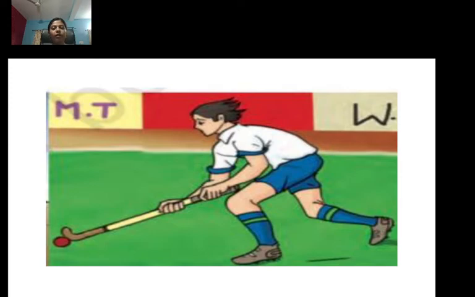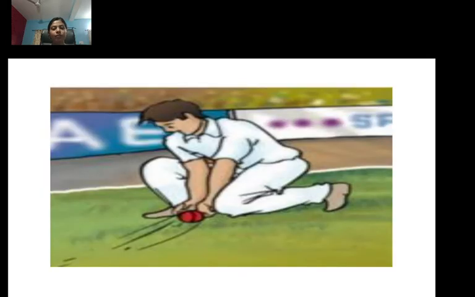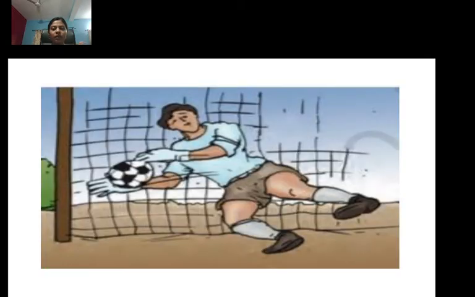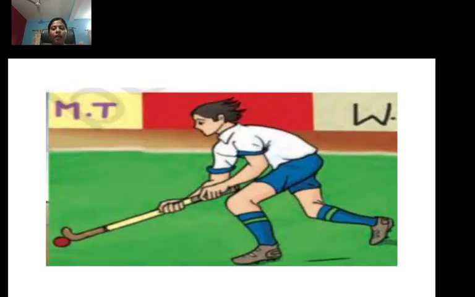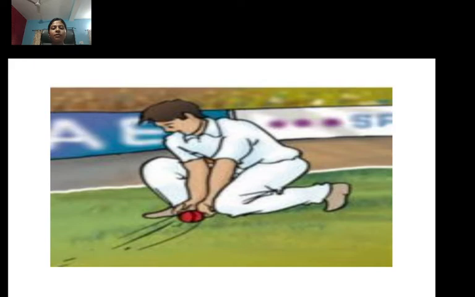In this image, a boy is trying to stop a ball. So, students, do you think that in these three images any kind of action is being done or not?